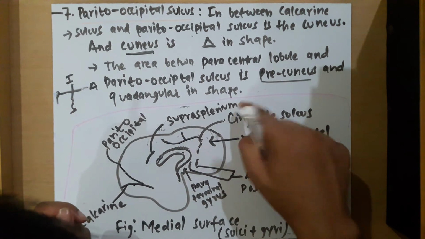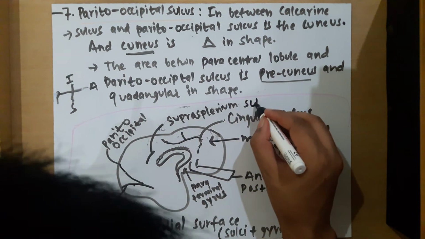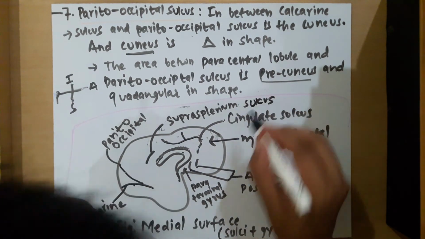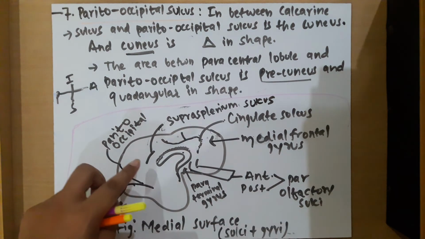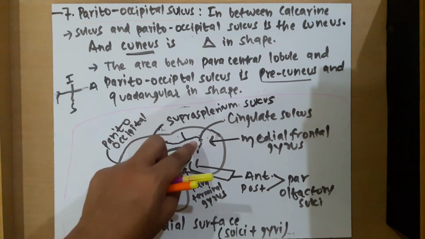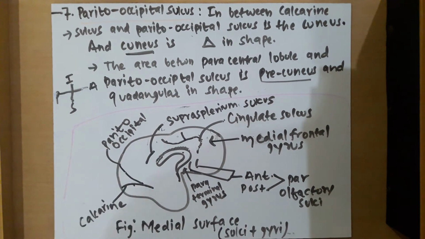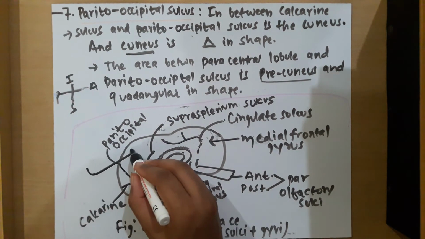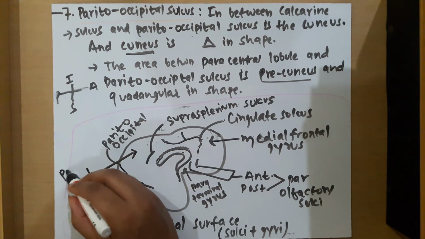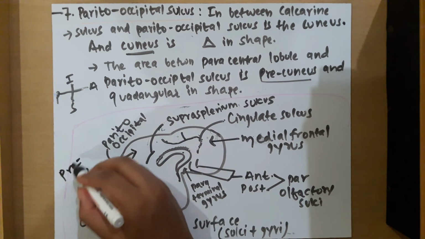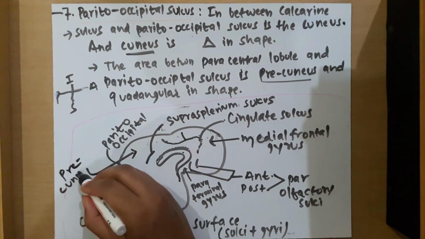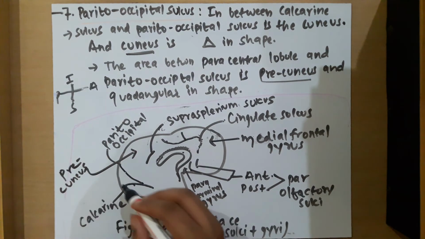I'll write it over sulcus. Supraspleneum sulcus. So this supraspleneum sulcus is separating the cingulate gyrus from the precuneus. Okay, so this is precuneus and this is the cuneus.